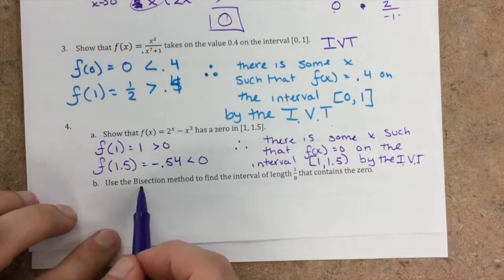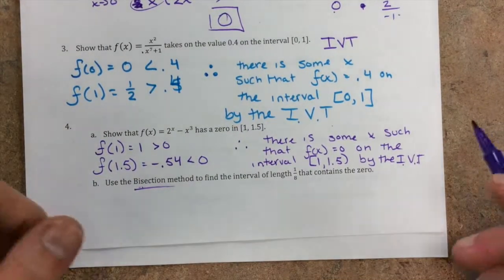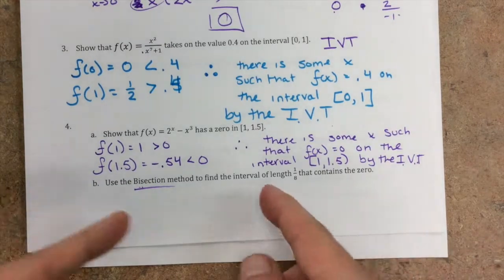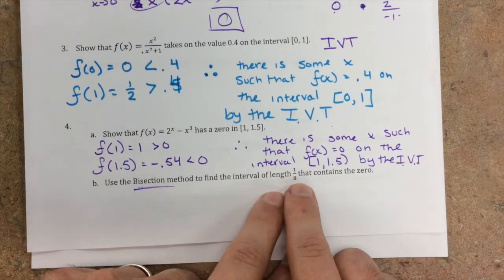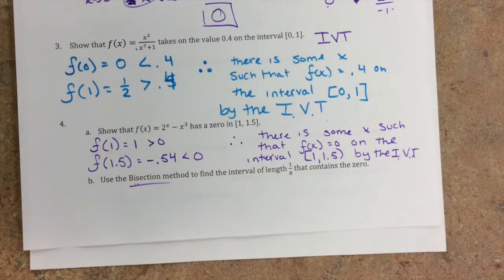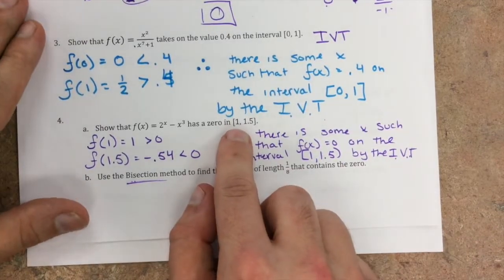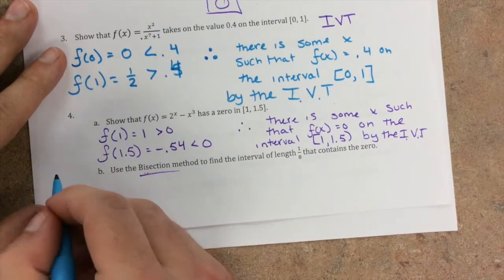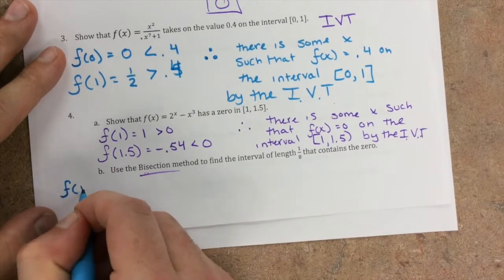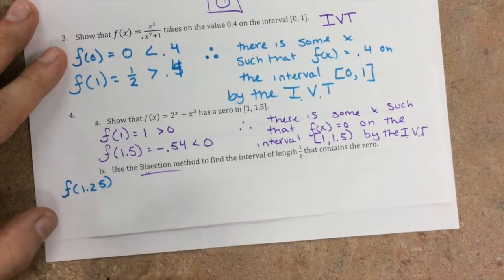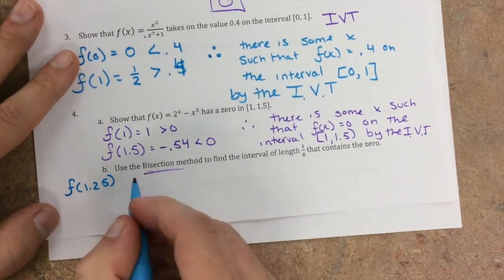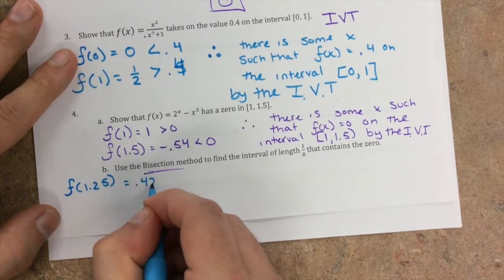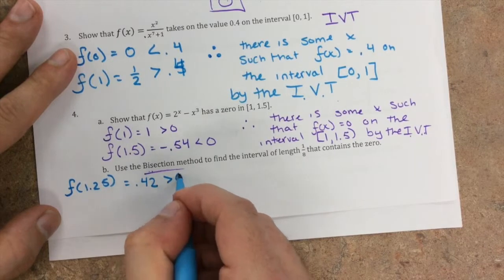Okay, so that question is very much the same. B, use the bisection method. Bisection means cut in half. So we're going to cut this down to a 1/8 length interval. Halfway between 1 and 1.5 is 1.25. So f of 1.25, if we plug that into our calculator, we get 0.42, which is greater than 0.